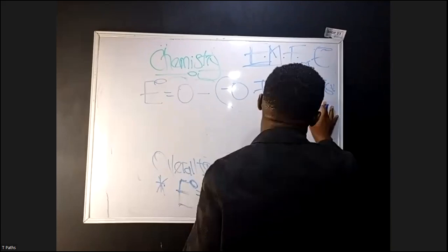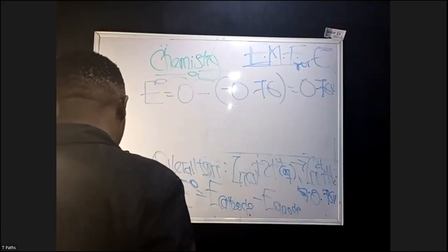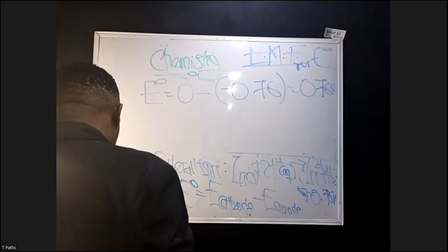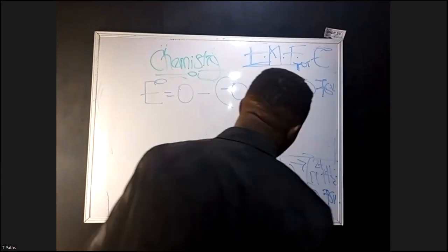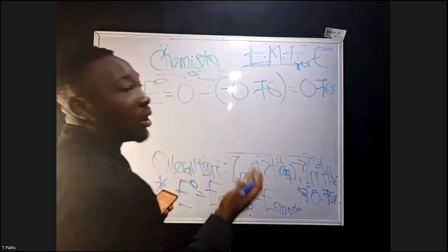E naught of the cell, 0.76 volts. Now we can see that this implies that a standard reduction potential of minus 0.76 volts can be assigned to the reduction of zinc 2 plus to zinc. So it's not like we're calculating it, it's a standard value. So it's minus 0.76 volts.